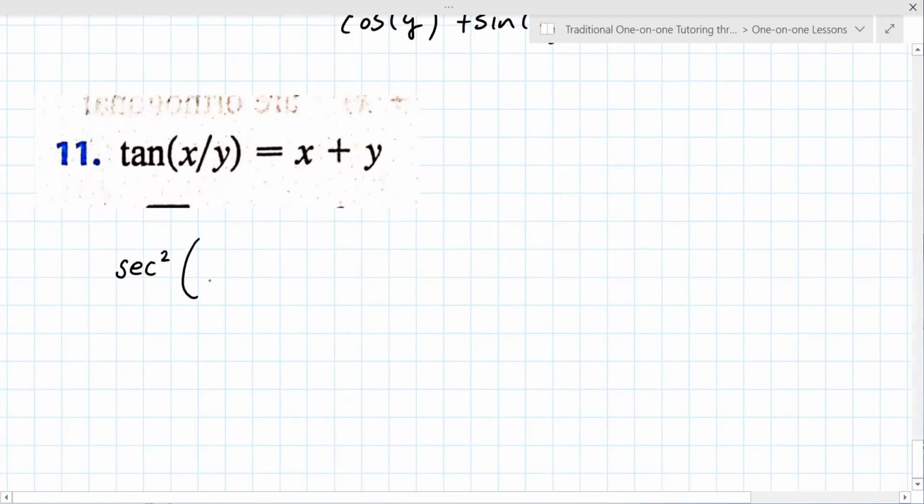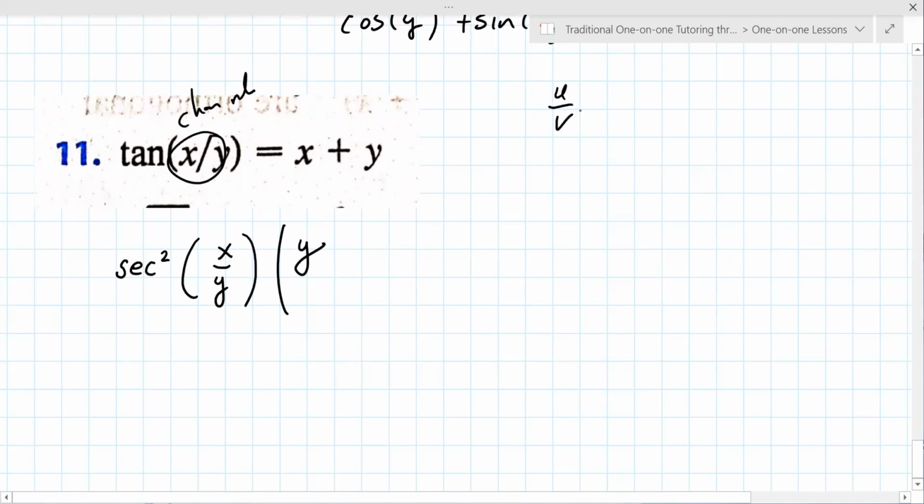Oh, it's secant squared. Secant squared xy, x over y. Now you have to chain rule. So what's the derivative of the inside? Well, it's a product rule. So the product rule says the bottom, which is y, times the derivative of the top.